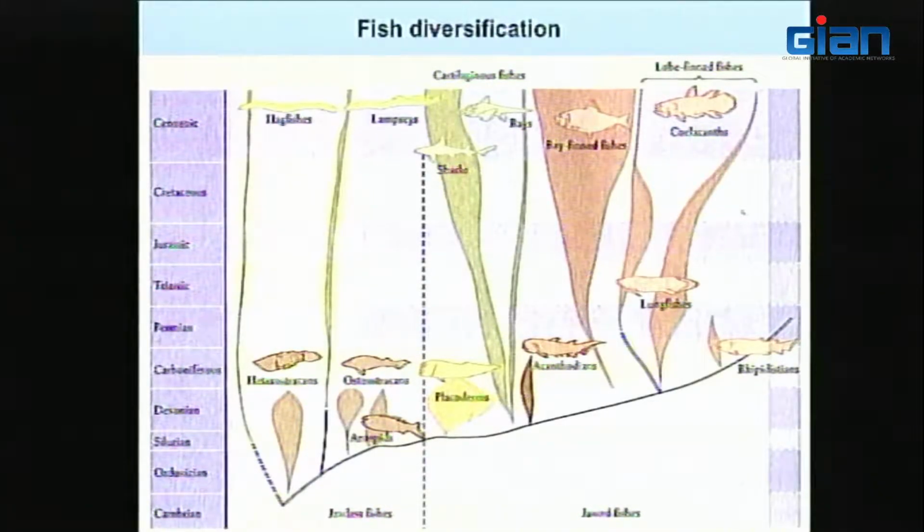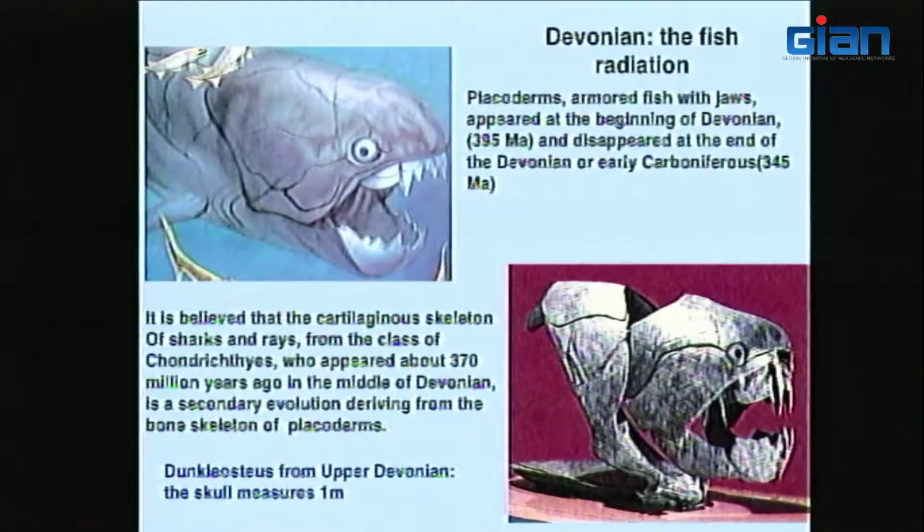What about the placoderms? I have nice pictures here. They look not very sympathetic, I have to say. They were very big. You can see that the skull of these guys, which are armored fish, was something like 1 meter.